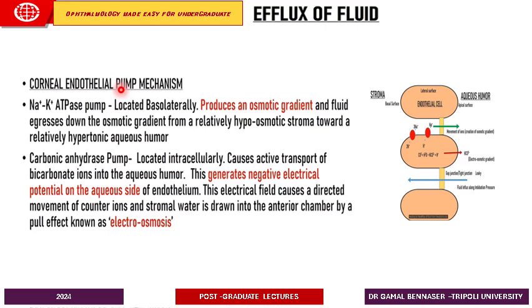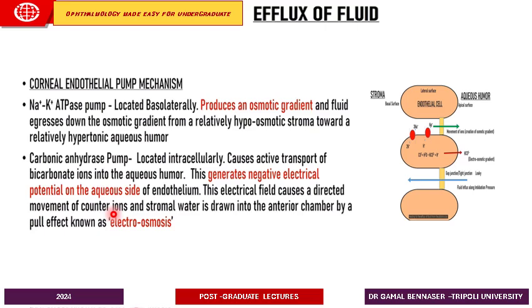And this will draw the positively charged ions from the stroma, and along with them the water, out of the stroma toward the aqueous. So this is called electroosmosis, by creating an electrical gradient. However, the sodium-potassium pump creates an osmotic gradient.